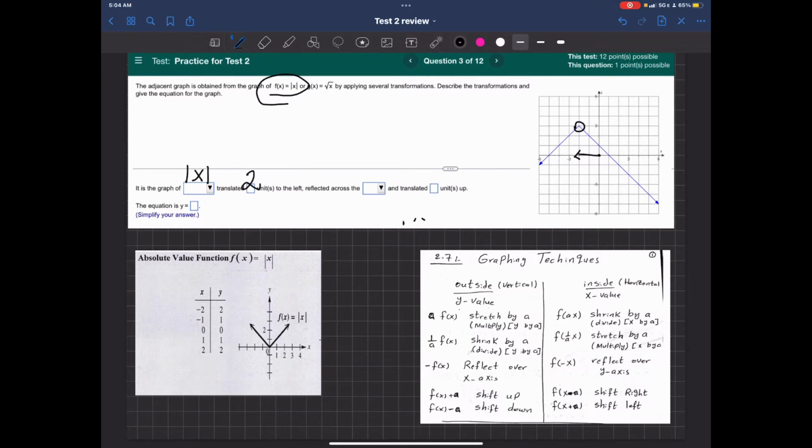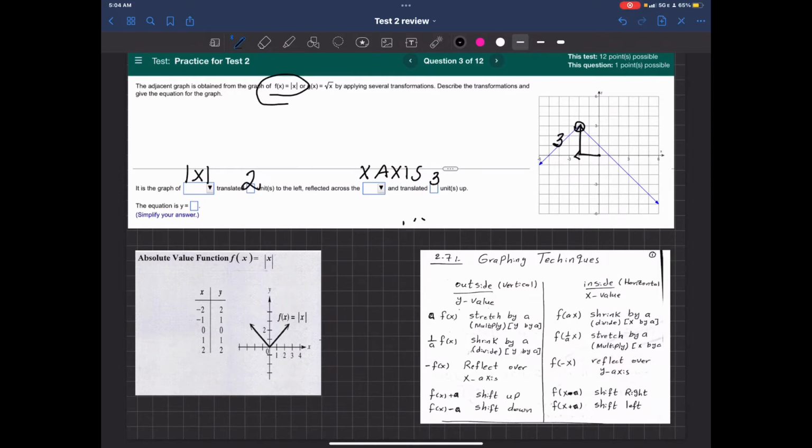And we know it was reflected across the x-axis because it's upside down. And then it says translated up. So we went up 3 units.